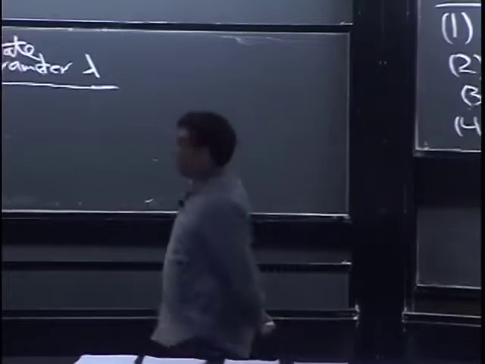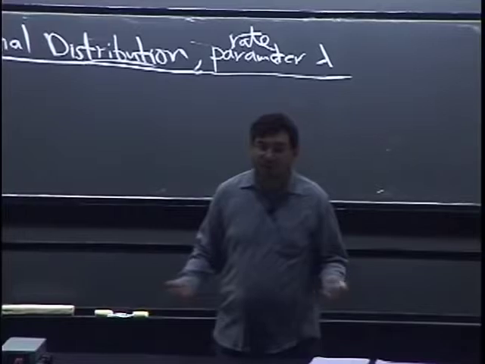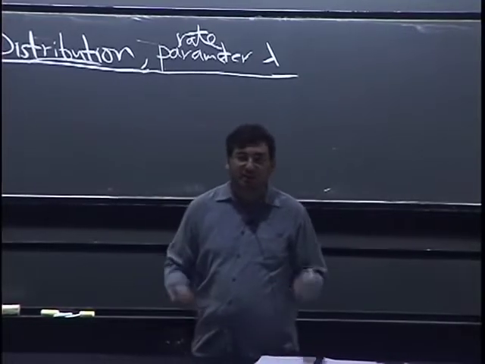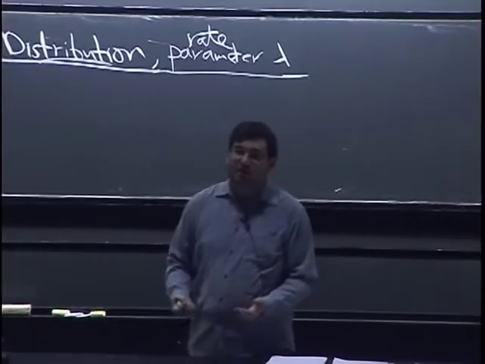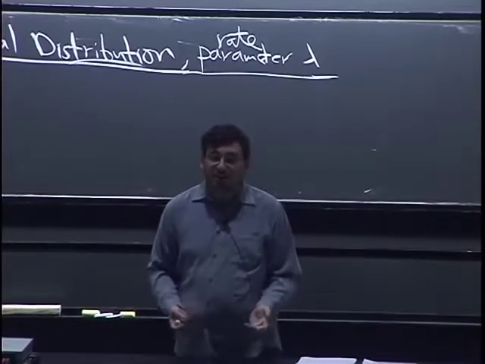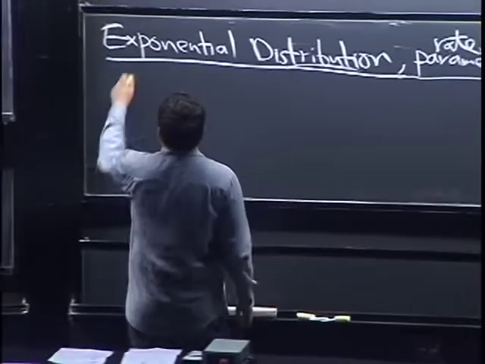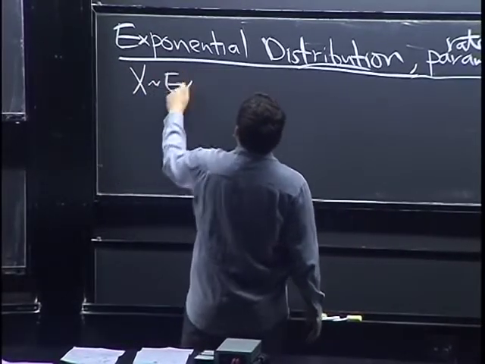Okay? So let's just write down the PDF and the CDF and so on, and then we can start to see why this is important. Of course, there's infinitely many PDFs we could write down, but what's special about this one? Okay, so we say X is Exponential(lambda).